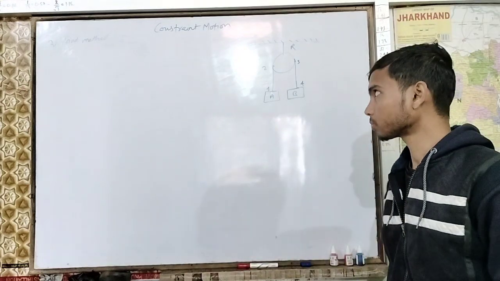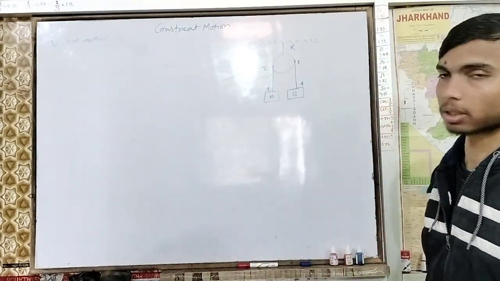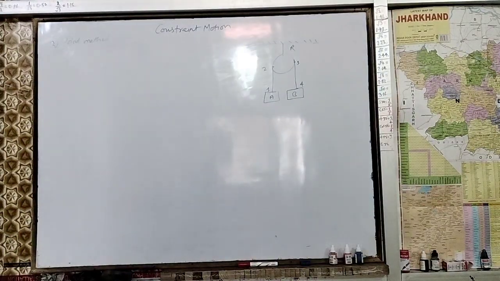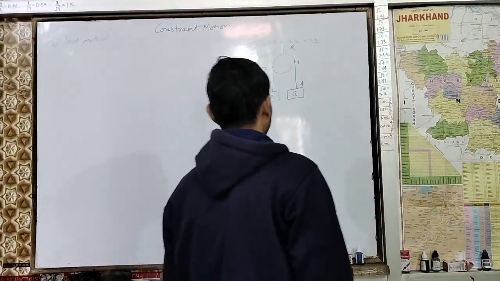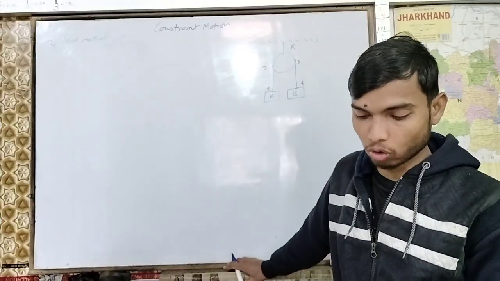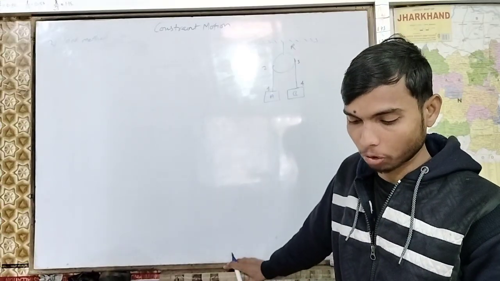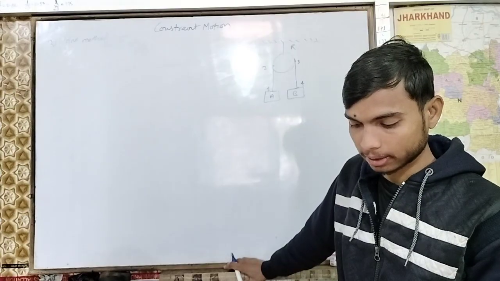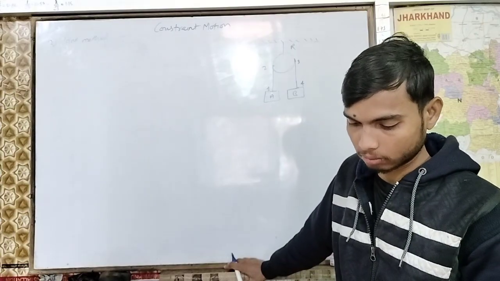First of all, let's explore the concept for this point method. There is a pulley which is fixed by something, and that pulley is carrying two blocks, V1 and V2. In that case, the first step is to search for the longest string along with the point whose velocity has to be found.